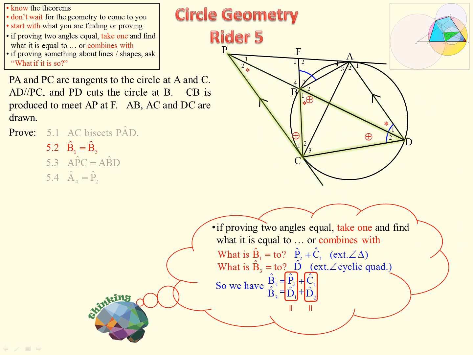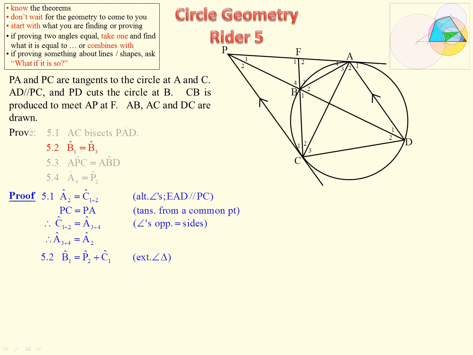And we have C1 and D2 equal to one another because, have a look at the green lines, it's tan chord, tangent, chord, angle subtended in the alternate segment. So therefore that makes that angle equal to this angle here. And it makes the ones we're trying to prove equal to one another.